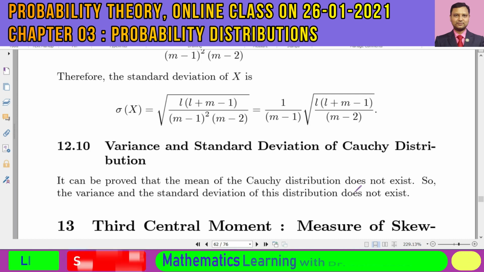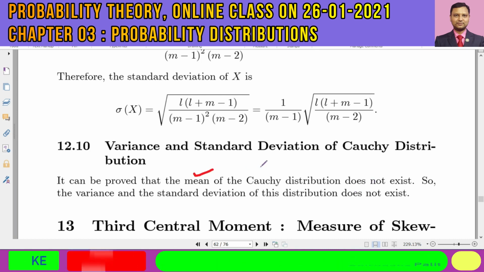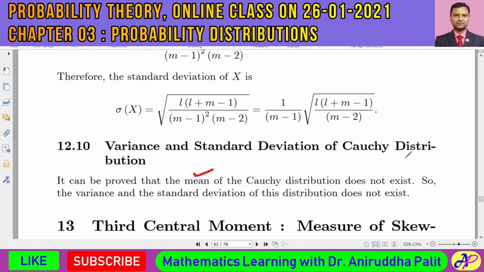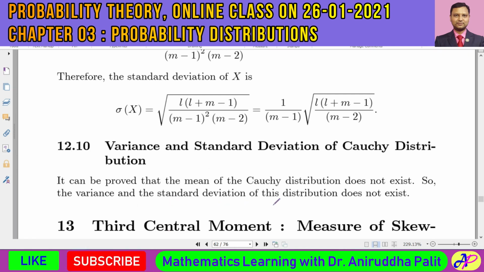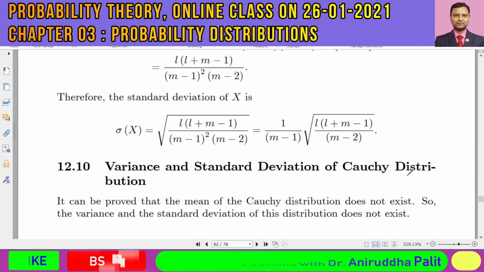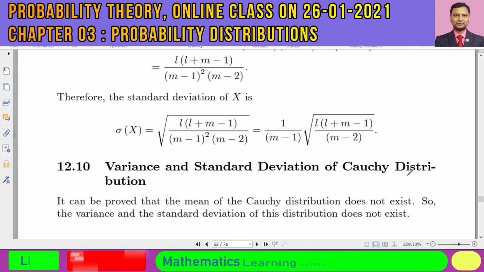We already proved in the last lecture that the mean of the Cauchy distribution does not exist, and therefore its higher order moment, that is the variance, does not exist, and as a result the standard deviation does not exist. So these are some deductions related to variance and standard deviation of different standard well-known distributions.